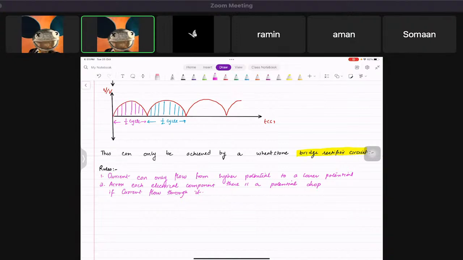Okay. Now the third: a diode is forward biased. Okay, you need to remember that.